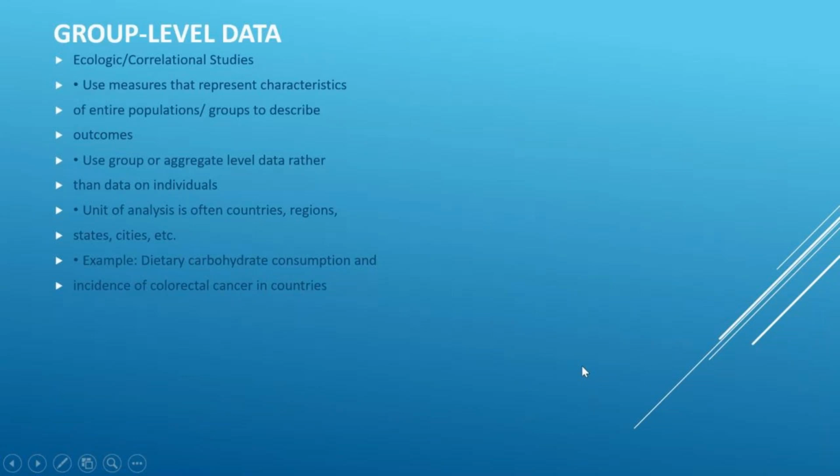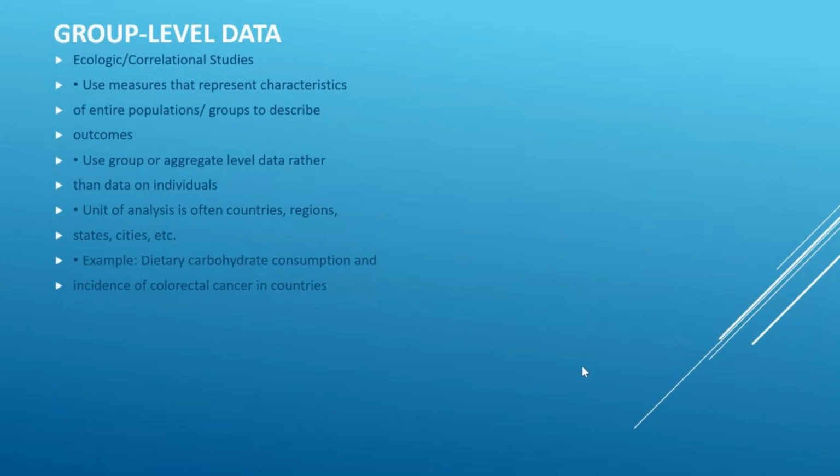Like I said, if you have group level data, you would like to do ecologic studies or correlational studies. These studies use measures that represent characteristics of entire populations or groups to describe the outcome.